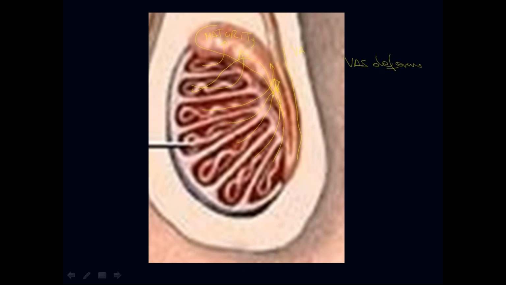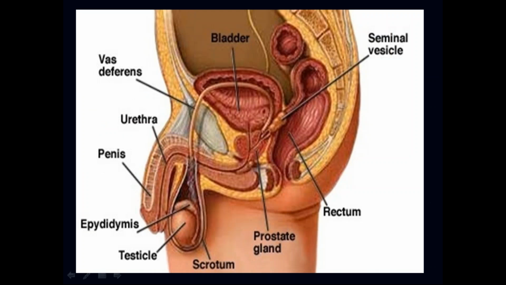It goes here, then down, and then up, and that is the vas deferens. So again, we have the testicle and the epididymis, the sperm comes this way to the epididymis, they take a break there, then come back and go all the way to the vas deferens.